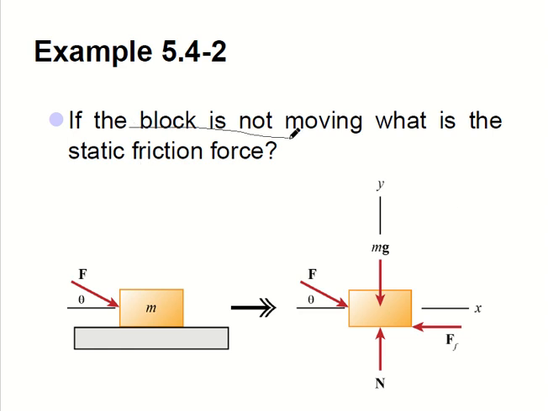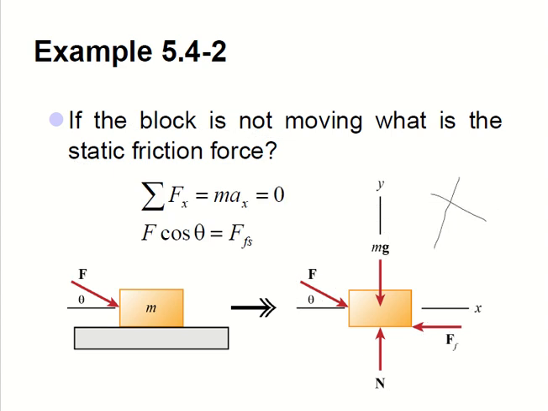Now the block is not moving. If the block isn't moving, your static friction is successful. So we break down everything we need again and concentrate on this and this, since the motion is not happening and we do have an angle. Every time we have an angle, we calculate the force with the cosine. Cosine comes from the 90-degree triangle.